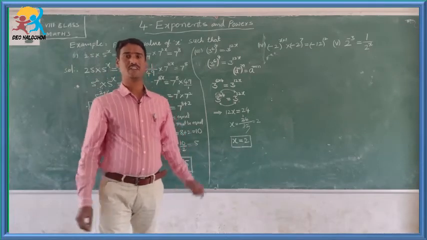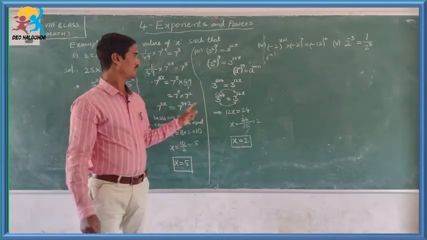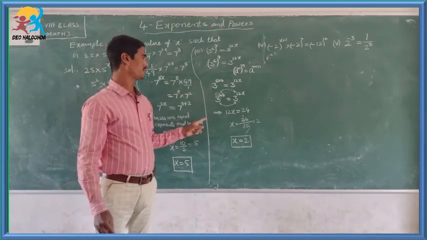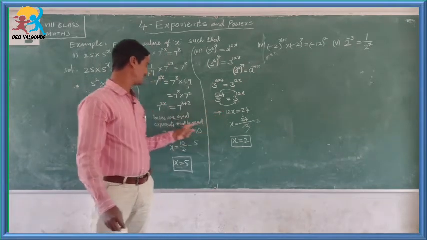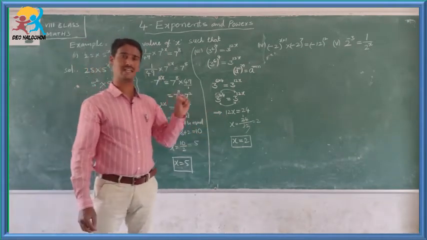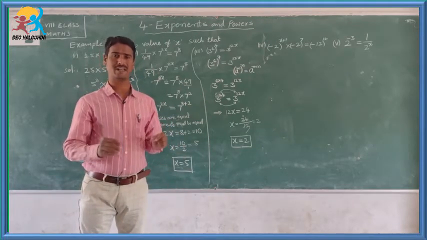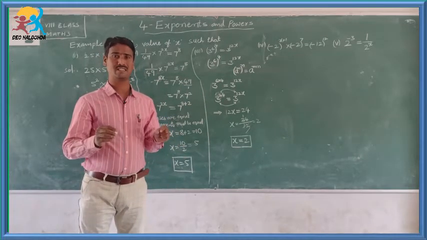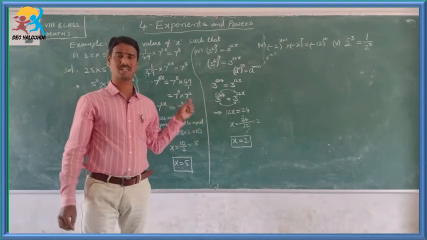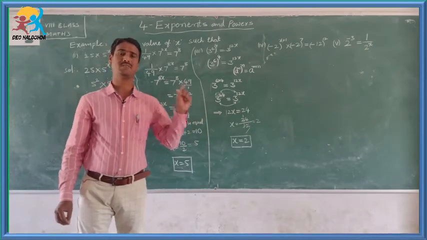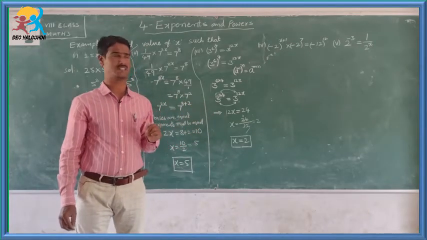Dear children, when we are writing base and exponent, the exponent should be written in a smaller size than the base. Always write the exponent smaller than the base, approximately half the size of the base.